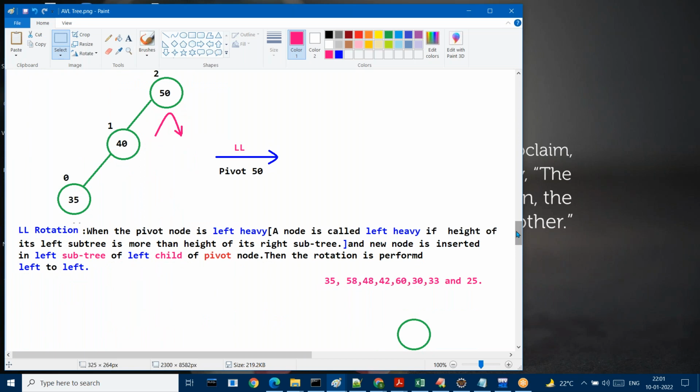Put your hand and bend it like that. If 40 is the root, who will go to the right of 40?